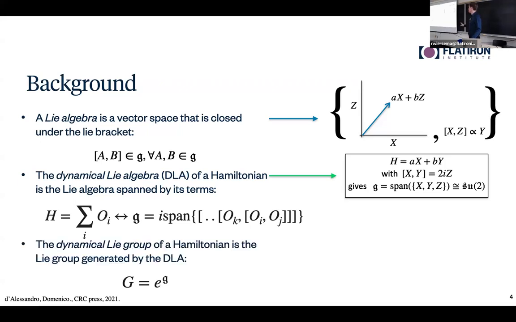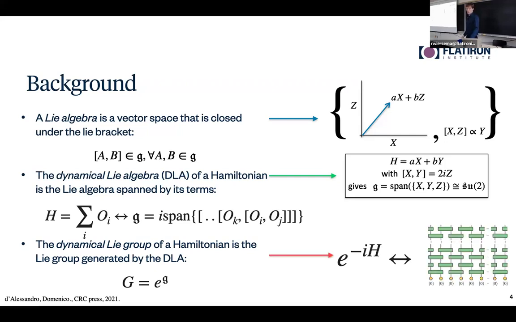Closely related is the dynamical Lie group, which is what you get when you exponentiate the Lie algebra. It's not super important for this work to know the details, but the main idea I want you to keep in mind is that if you know something about the dynamical Lie algebra of some Hamiltonian, you also know things about its dynamics.